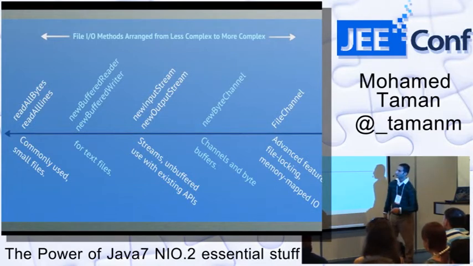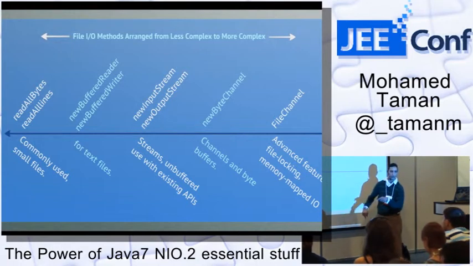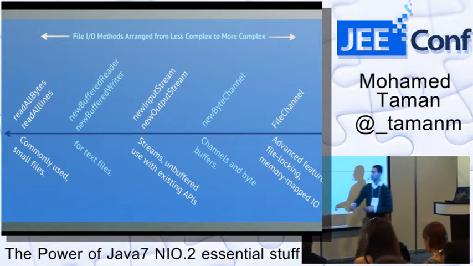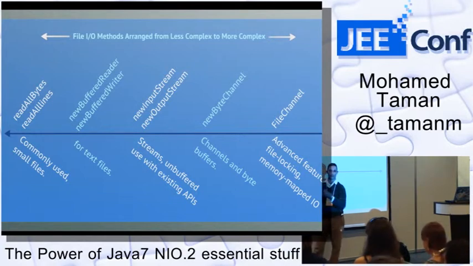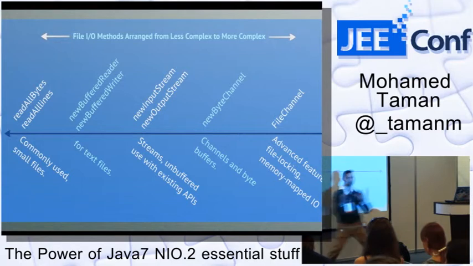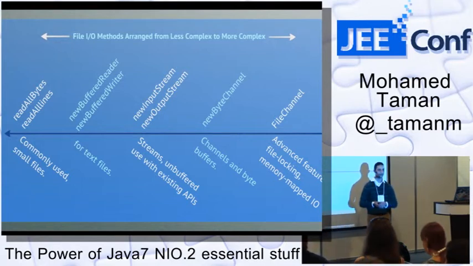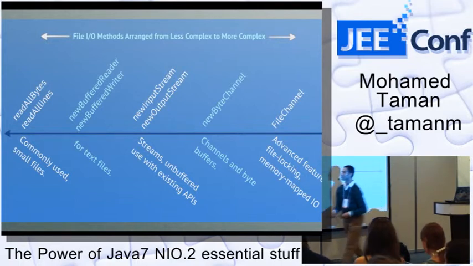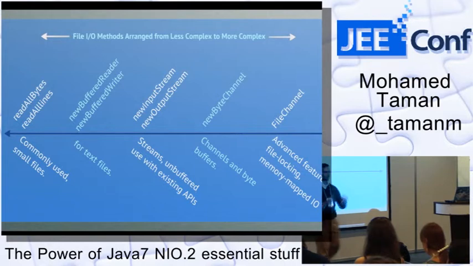So you have methods that already exist. This is one method: Files.readAllBytes. You give it a stream or image, and it will get you a byte array in one call. Files.readAllBytes or readAllLines. Normally a text file contains some lines.